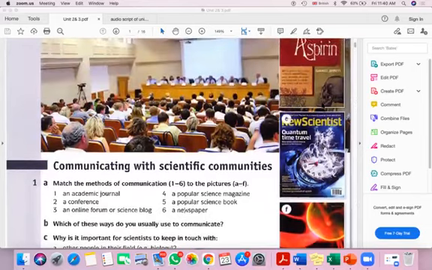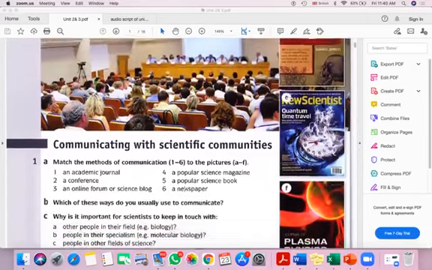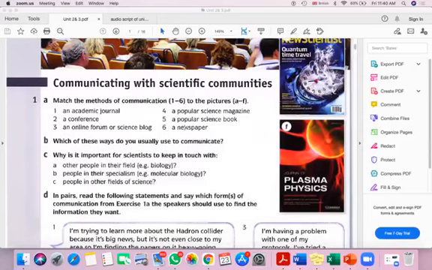So it will not be, of course, aspirin, and it will not be New Scientist. It will be plasma physics.